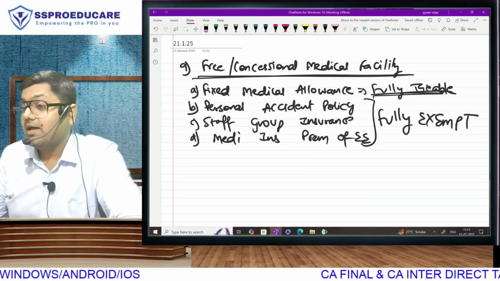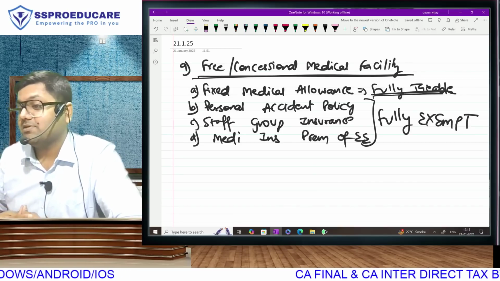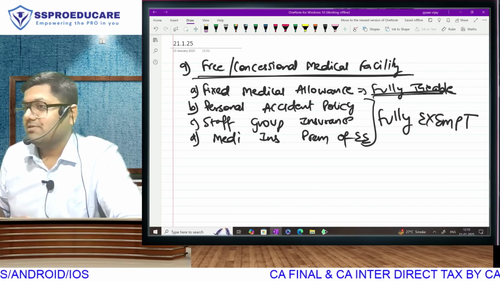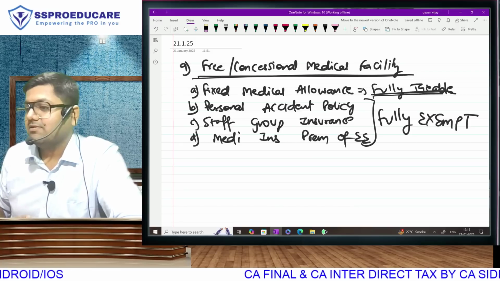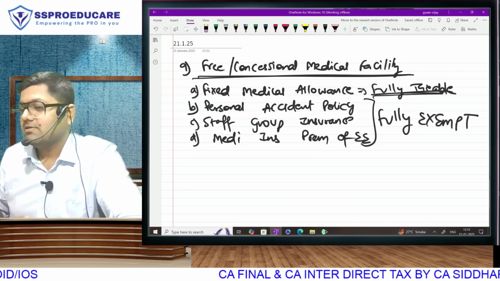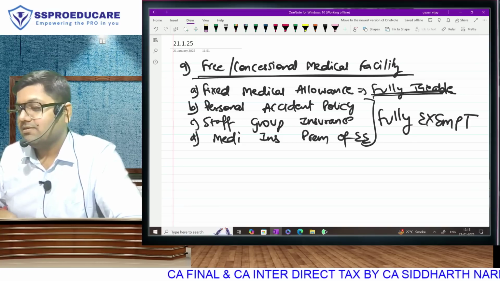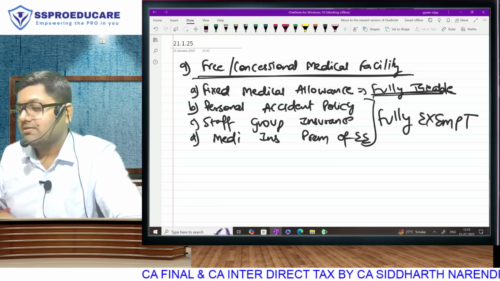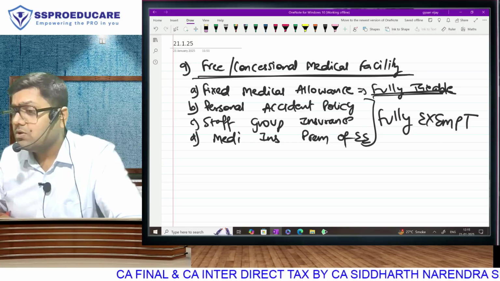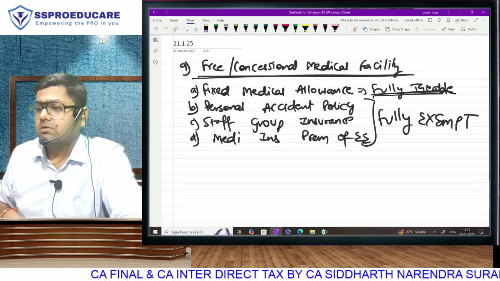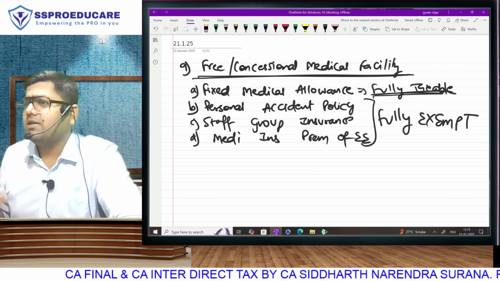No. In death cases, life insurance is fully exempt. Only life insurance's death benefit is exempt.